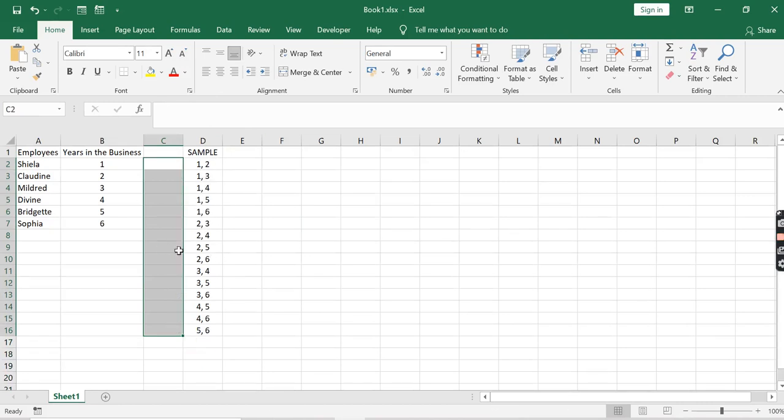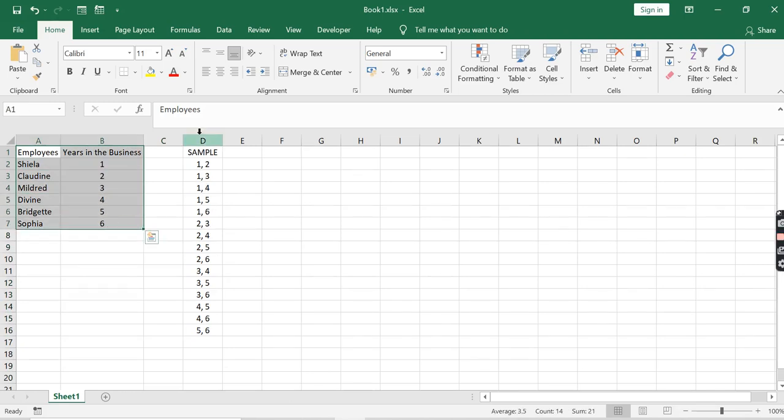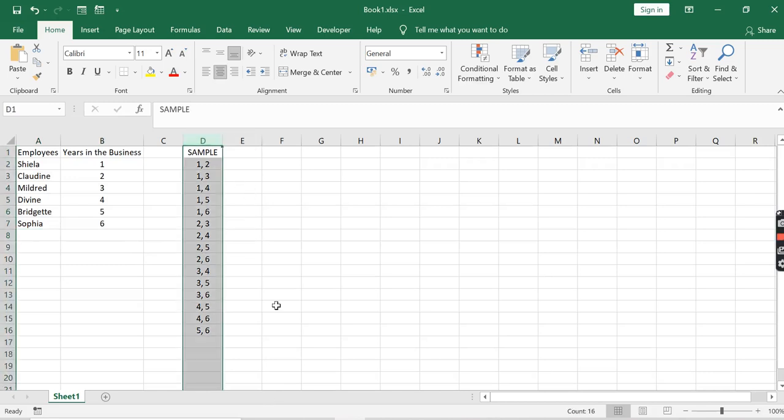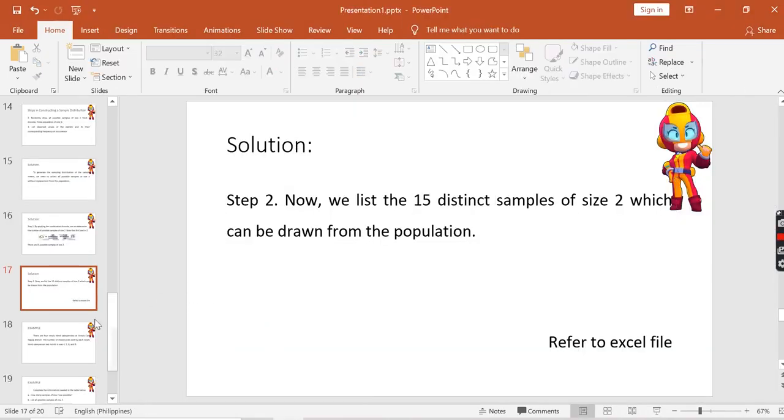So this is the sample gathered from this table, right? So this will be used in our sampling distribution, this part. Okay? So that's how you pair the values.